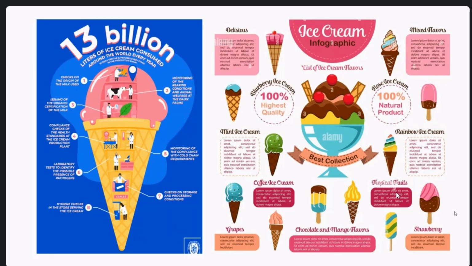And not only do we get the figure of how much ice cream is consumed, but you can also see in the picture that there are many more flavors of ice cream available globally. Now a company like ANGI took the pain to do a survey on ice creams, particularly in the states of the United States of America.